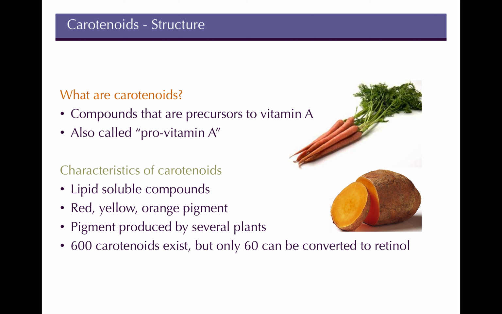Provitamin A is another way to say a precursor. Characteristics of the carotenoids: they're fat soluble, so lipid soluble. They generally have a red, yellow, or orange pigment. And there's a whole bunch of them in nature. About 600 have been identified so far, but only about 60 can act as provitamin A, or can be converted into retinol. We're just going to focus on about two or three of them in this lecture.